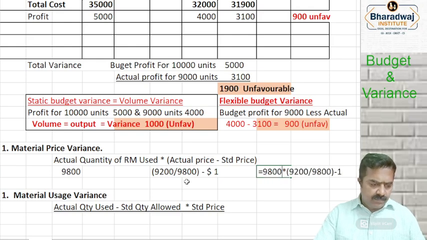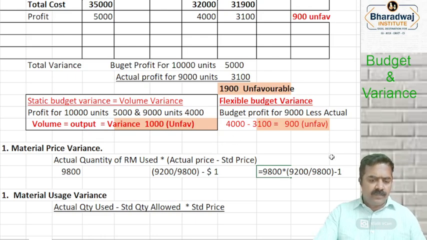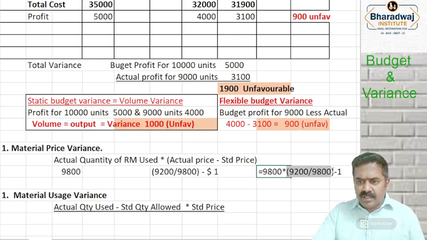I repeat, actual quantity of raw material used is how much? 9,800. How to find out actual price? 9,200 is the actual cost for 9,800 kg.